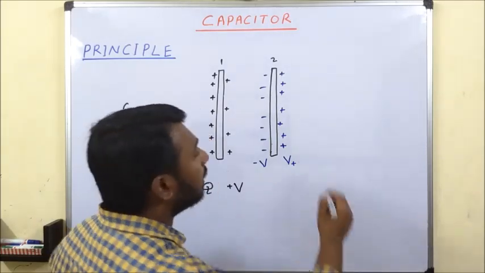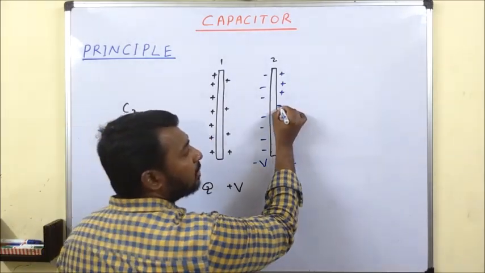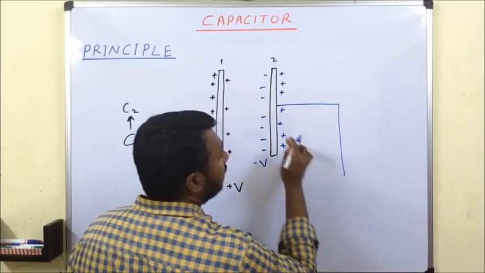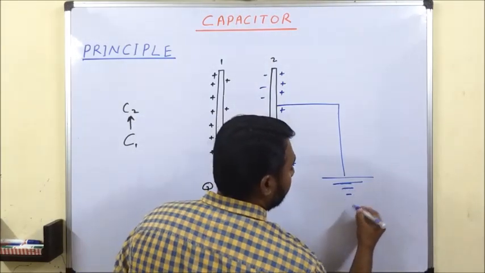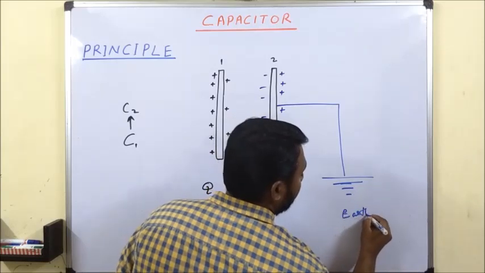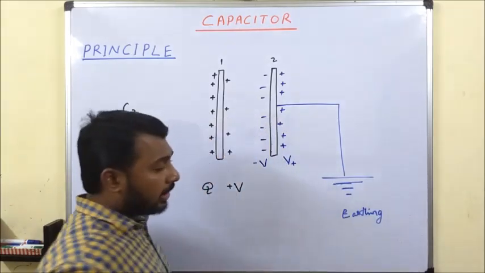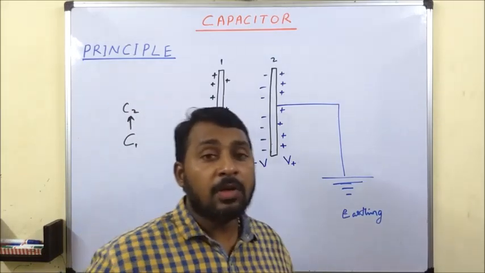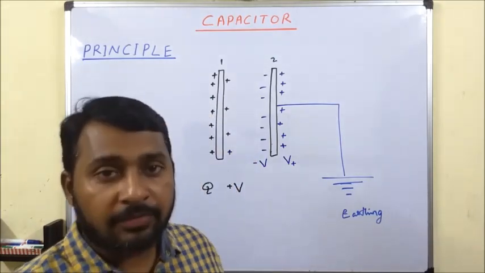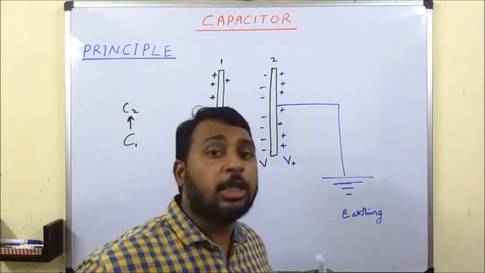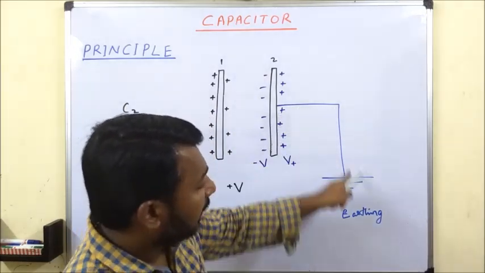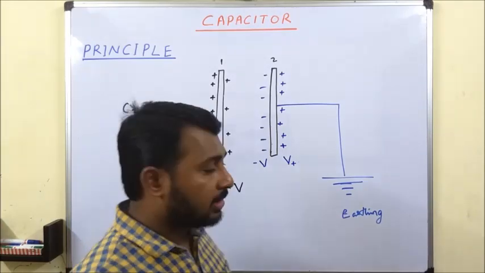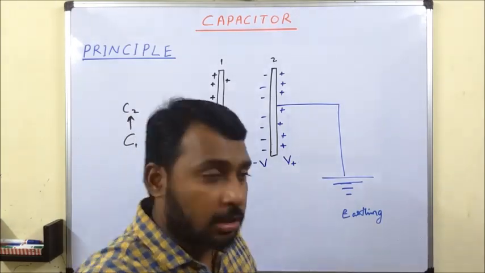Now, listen carefully. This positive side of plate 2, I am earthing. We know Earth is a universal acceptor of charges as well as a donor of charges. Now look at this. The positive side is connected to the Earth. That means Earth will provide electrons.